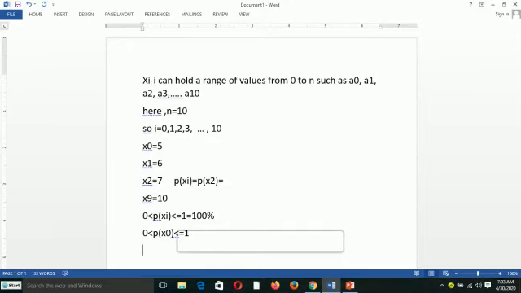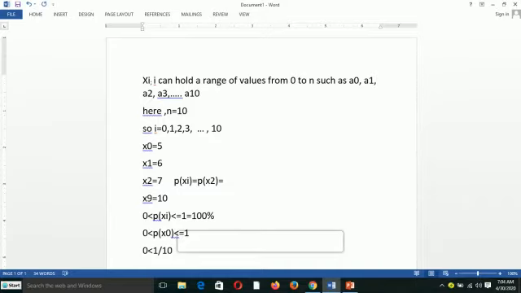So here 0 is less than the probability of getting the value at p(x0), which is 1 out of 10, because we have only one occurrence of the value x0.